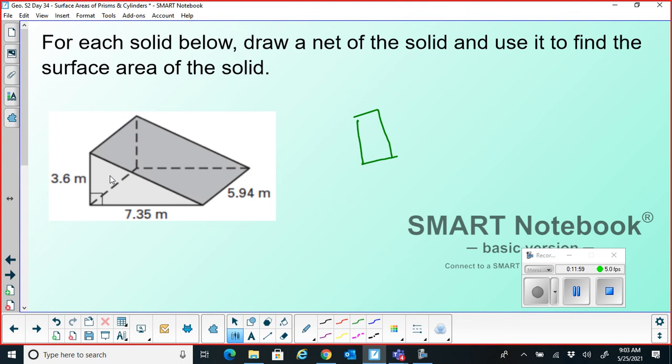This is the base. And these two triangles I'm just trying to draw over here.